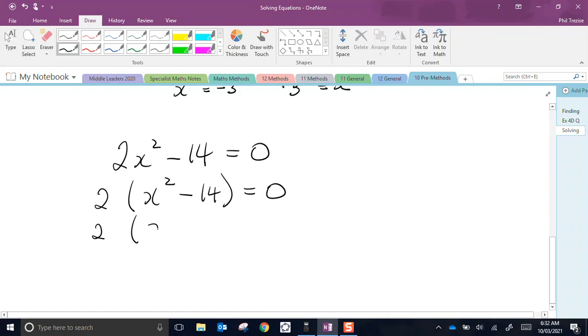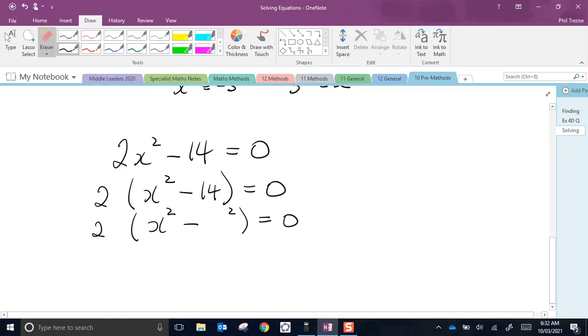Now this almost looks like a difference of two squares. If only I could have something which when squared was the same as 14. Now what could I put here that when I square it would be the same as 14? I know, I could put the, oh, did I leave it as 14? Silly, that's a 7.